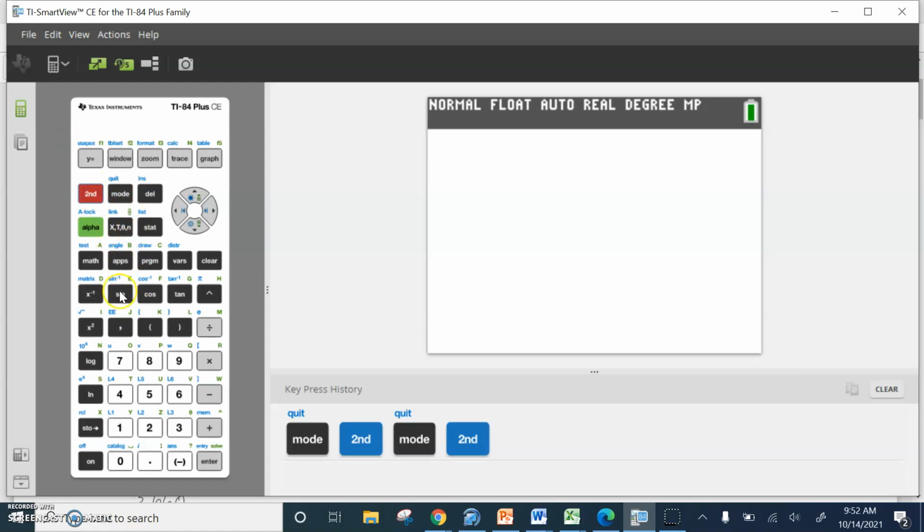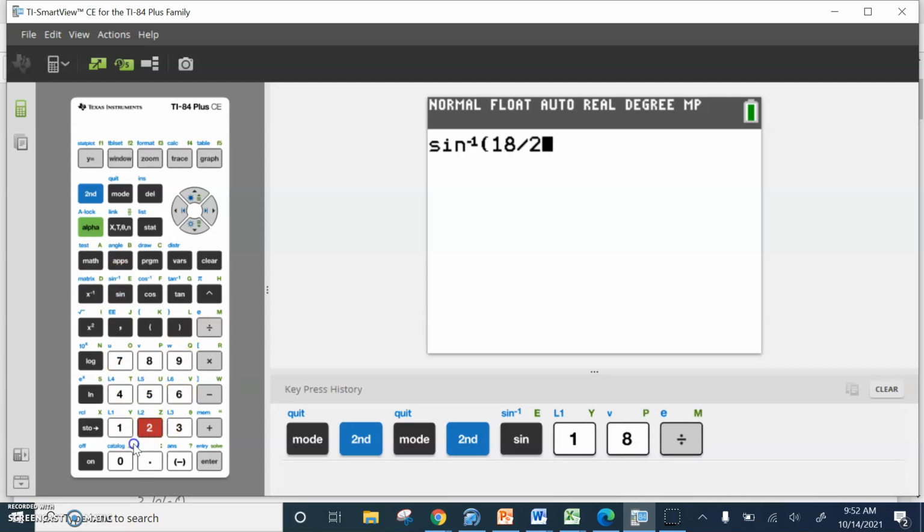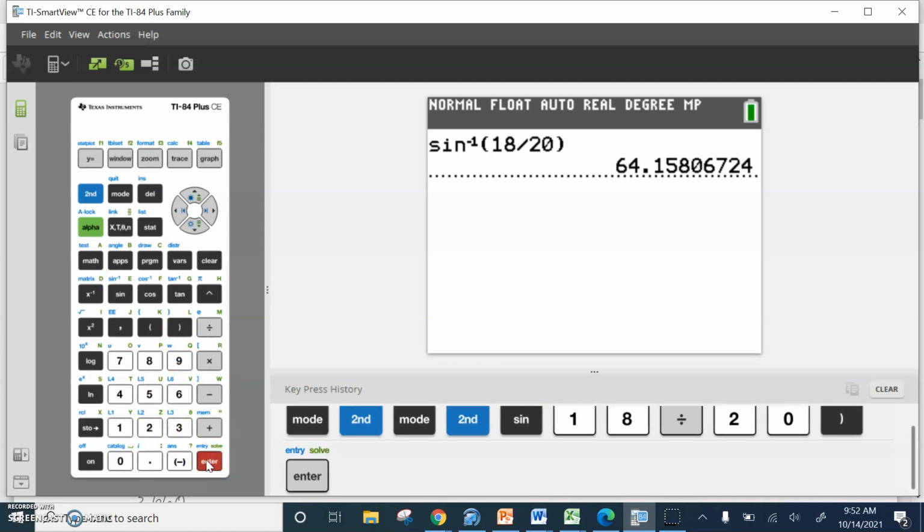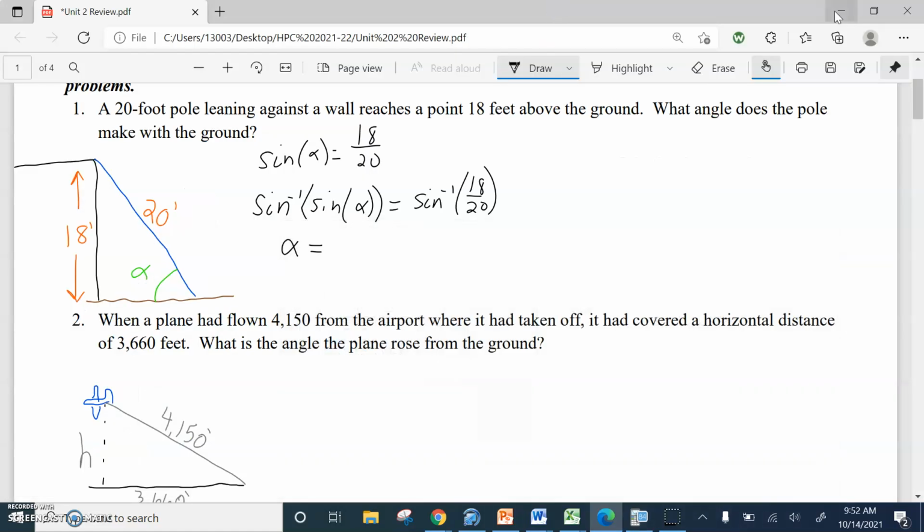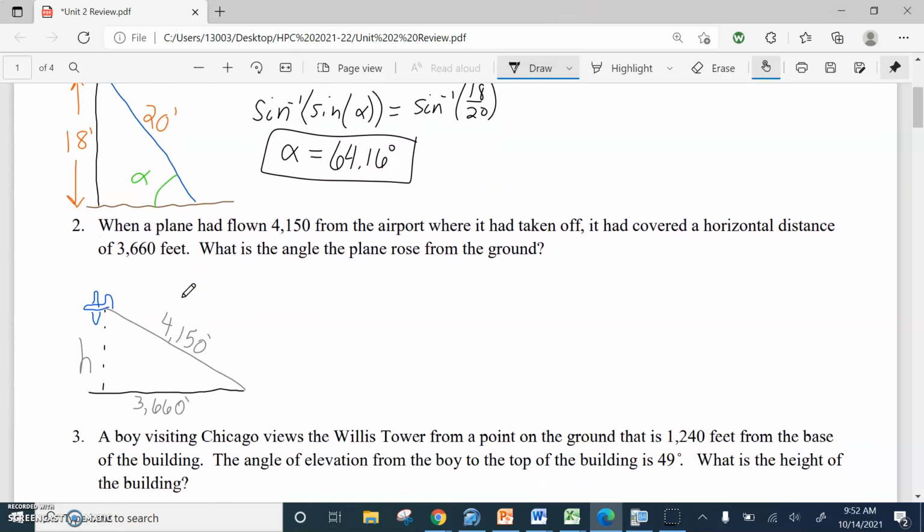Second sine gets us sine inverse of 18/20. Hit enter, and since we're in degrees mode, that gives us the answer 64.16 degrees. We box that in because we've checked, and it's asking what angle this makes. We're at the right angle, alpha, and we are good to go. So box it in, move on.